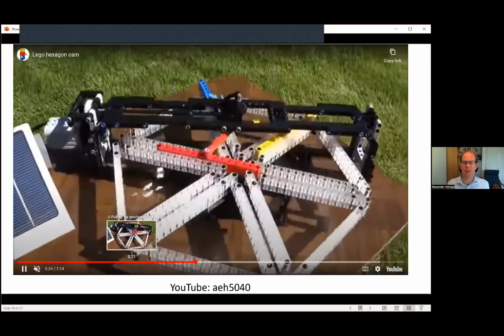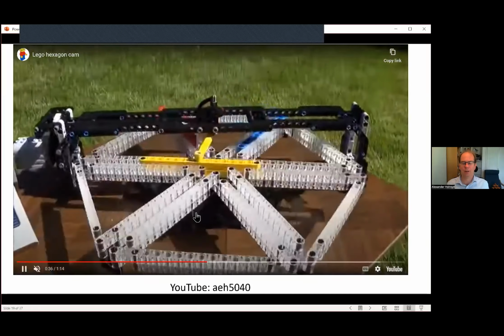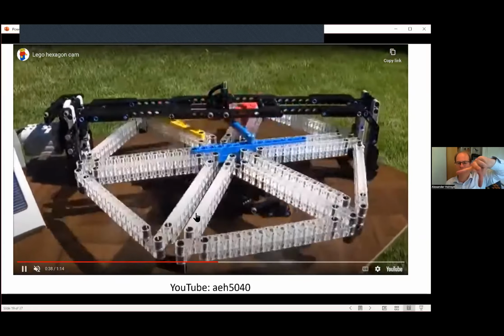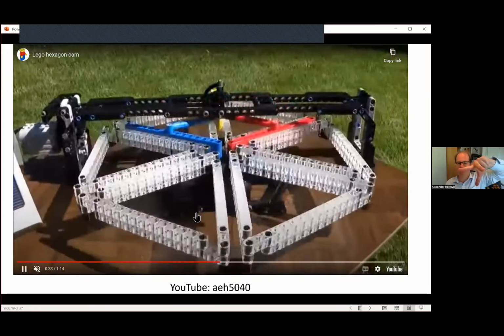You have a hexagon with these 3 slots running through the center of it, and you can have 3 rotating points arranged in an equilateral triangle, each one of them sliding in one of the slots, and that results in, if the equilateral triangle rotates at a constant speed, then the hexagon also rotates at exactly half the speed.